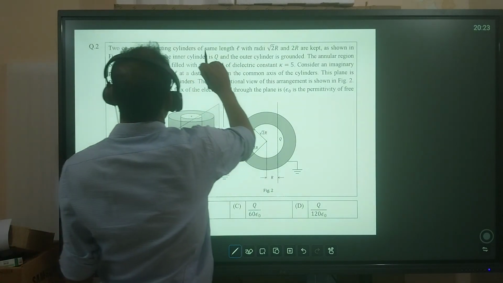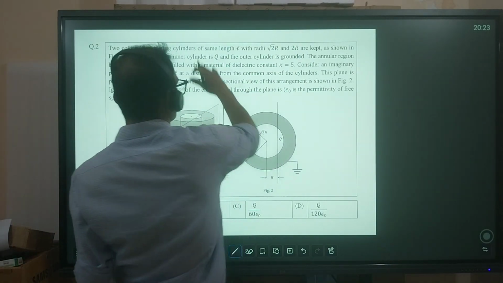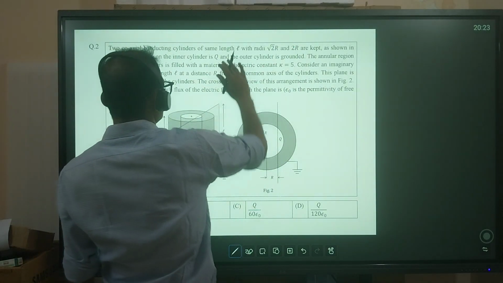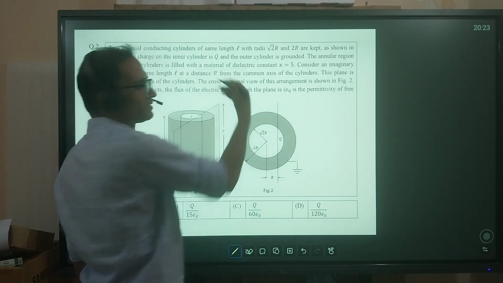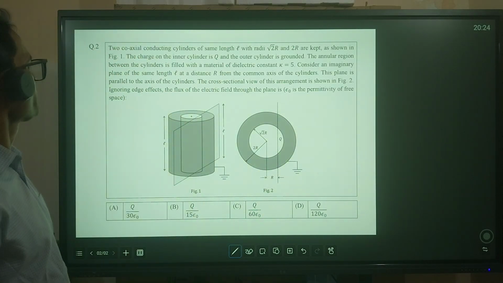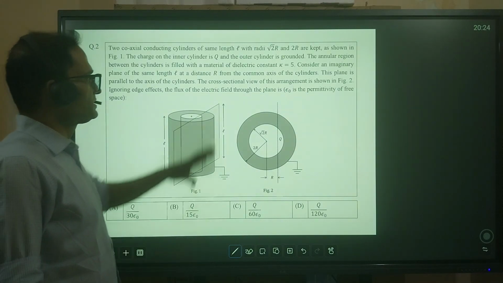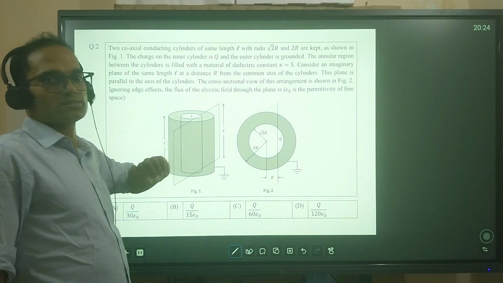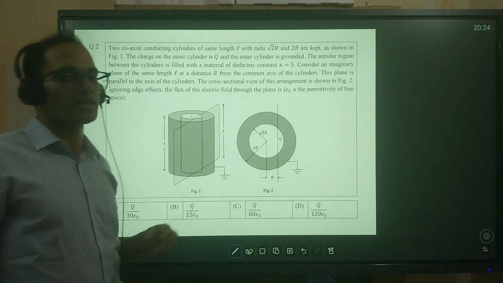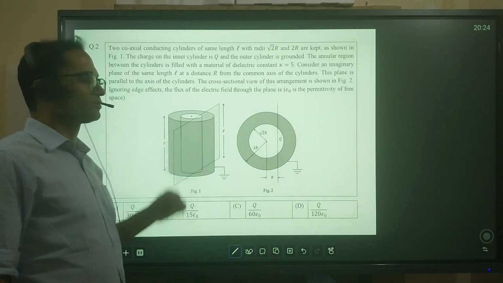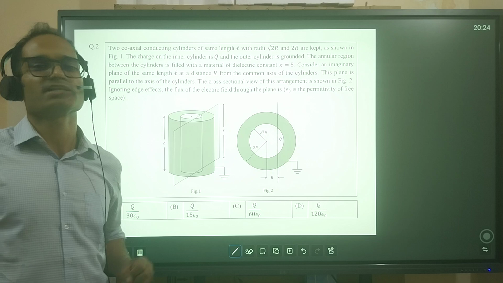We have two coaxial cylinders of the same length L and different radii. The radius of the inner one is root 2r, the radius of the outer one is 2r, and some charge q is given on the inner surface, and the outer cylinder is grounded. So, obviously, the outer cylinder will get some charge from the ground.